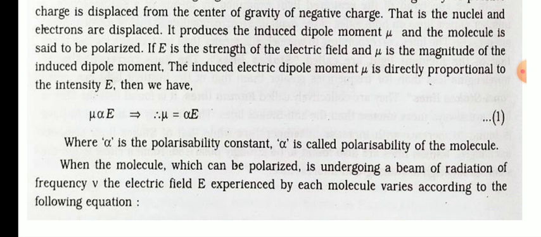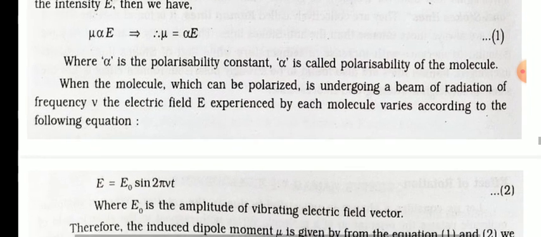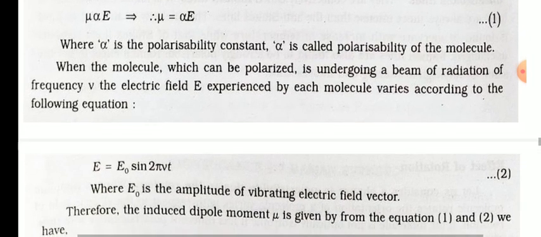When a molecule which can be polarized is exposed to a beam of radiation of frequency nu, the electric field E experienced by each molecule varies according to the following equation. Therefore, the electric field E is given by E naught sine 2 pi nu t, where nu is the frequency of radiation and E naught is the maximum electric field of the electromagnetic radiation.